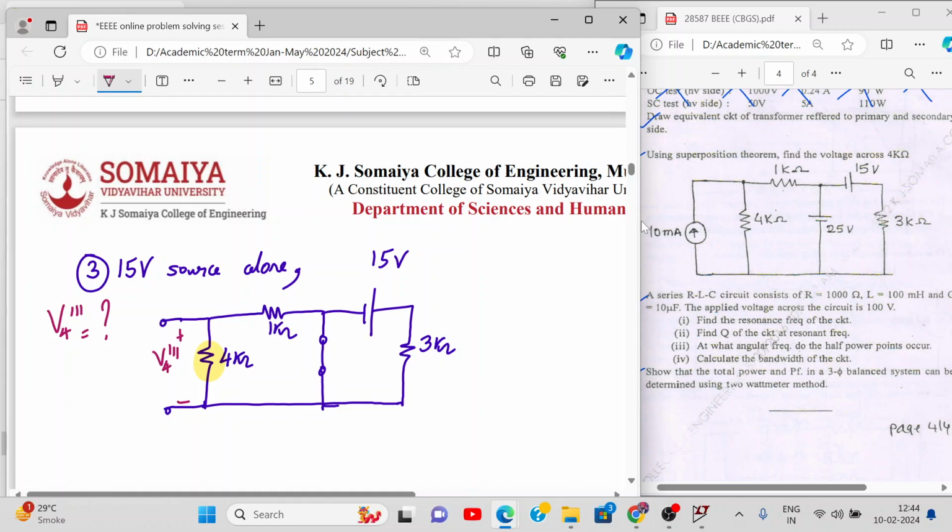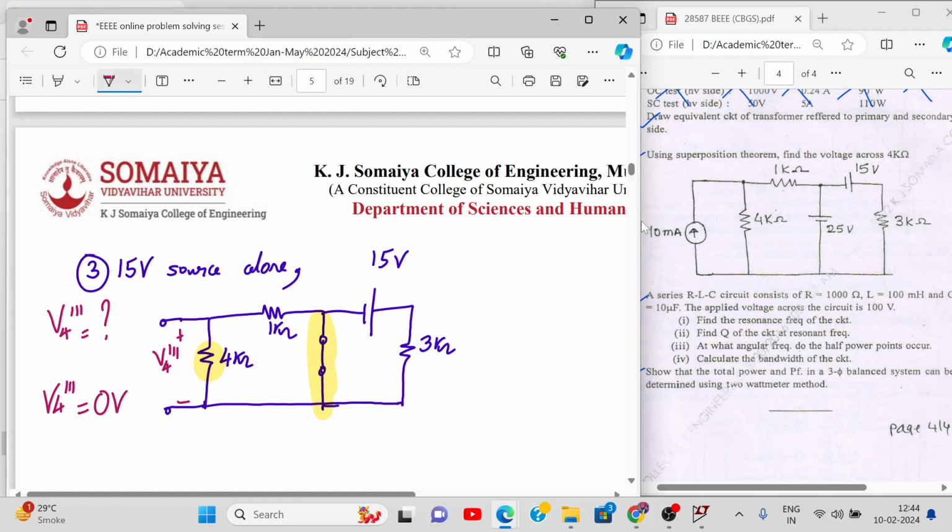I say the answer is 0. Tell me how it is 0. Because it became a short circuit. Absolutely. This has become a short circuit. So whatever is connected in parallel to the short will be a short only.